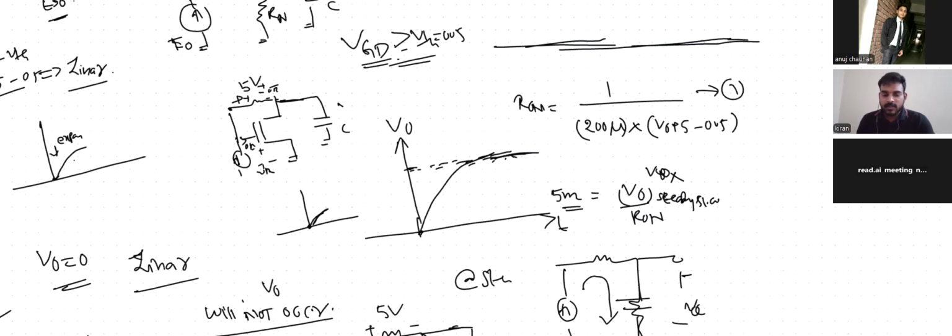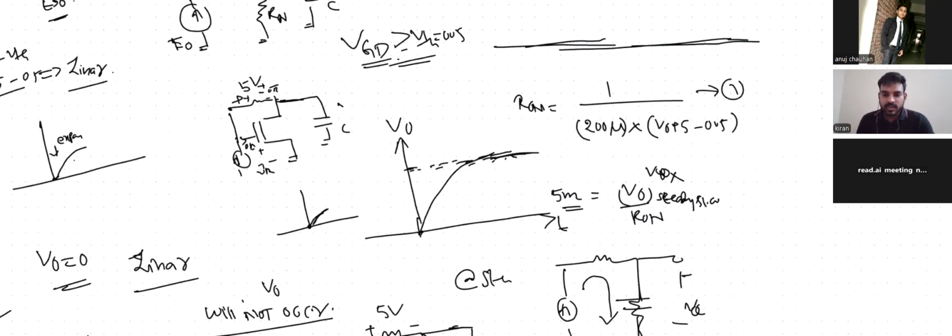Maximum will be whenever V naught has not settled. Then only after the output has settled will R1 be minimum. Why minimum when the output is settled?